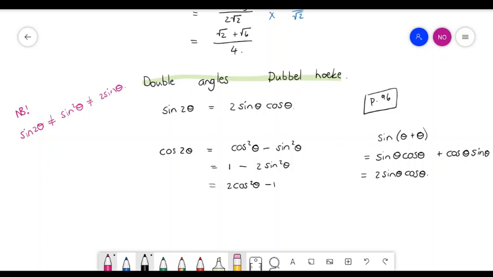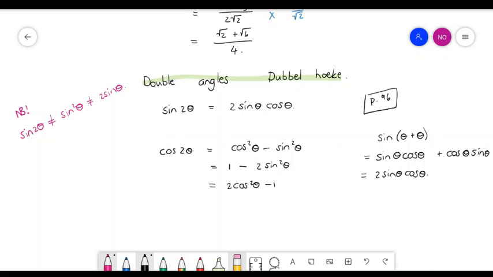Those 3 things are different. Nee? It's very important that we understand this. Those 3 things are not the same in any way. There's a big difference between sine squared theta and sine 2 theta, and when the 2 is in front.